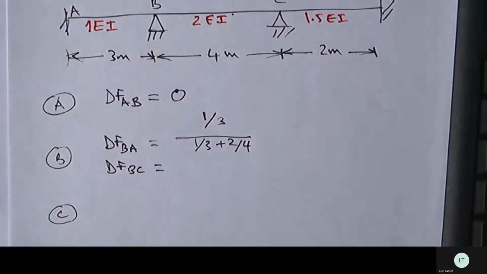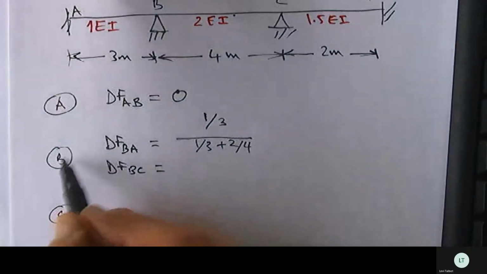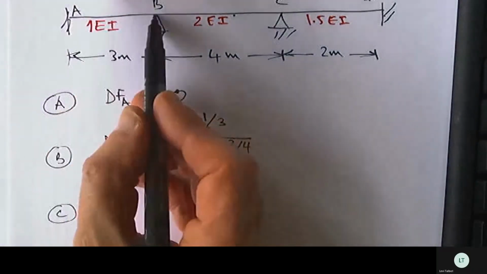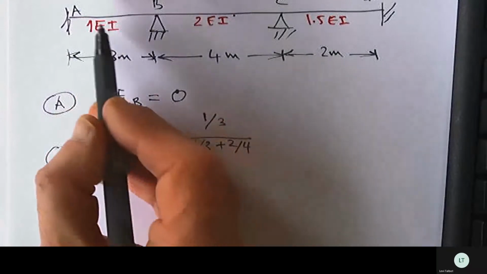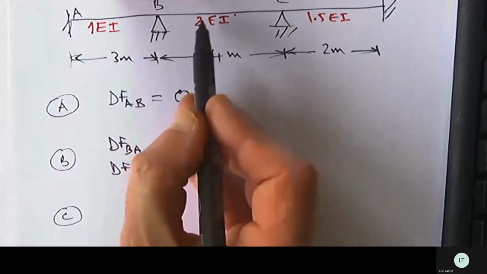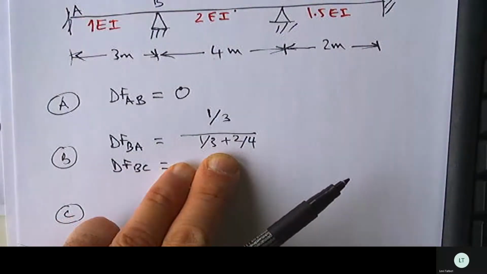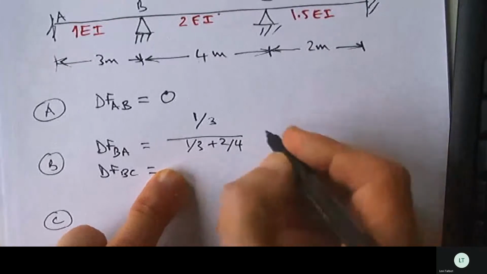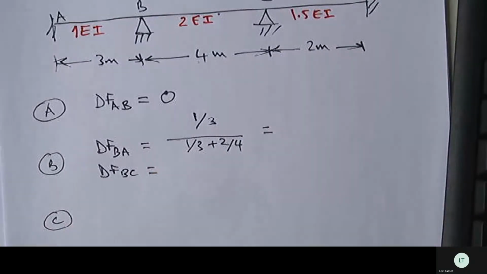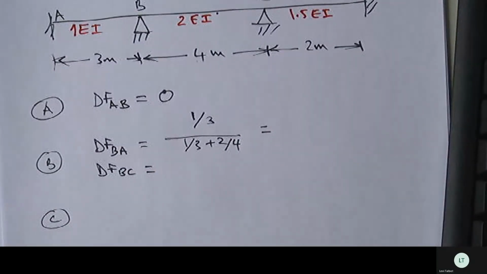Do you see that? Is that clear? Because at joint B we have 2 members, member BA and member BC. So we have 1 over 3 and 2 over 4. If you can work it out for me, please, quickly.